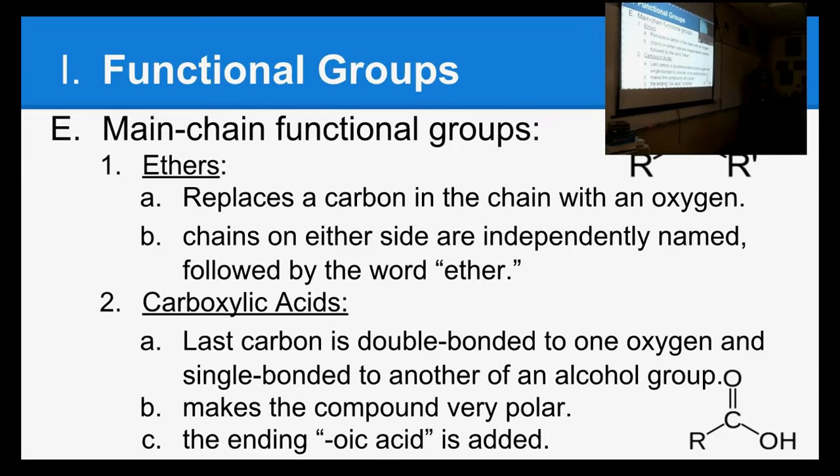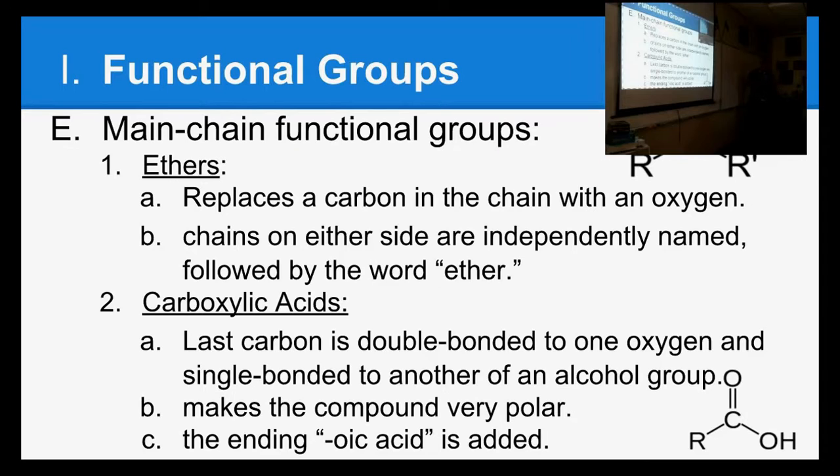Ethers are very, very volatile. They tend to have really low boiling points, and ethers tend to become fumes and vapors very quickly. And so a lot of times, things that need to be aerosols and in the air will be built as an ether. It replaces the carbon in the main chain. We name each side of the chain independently.